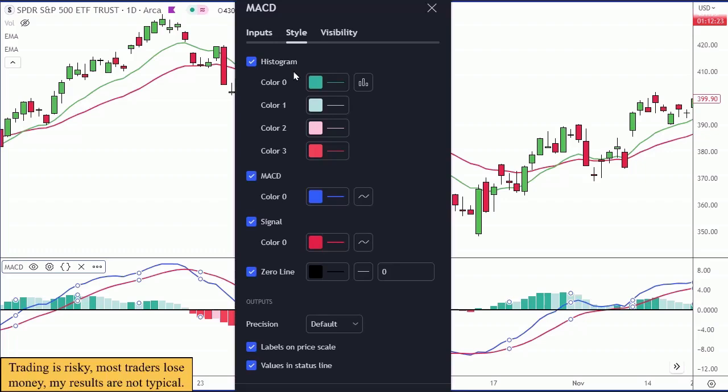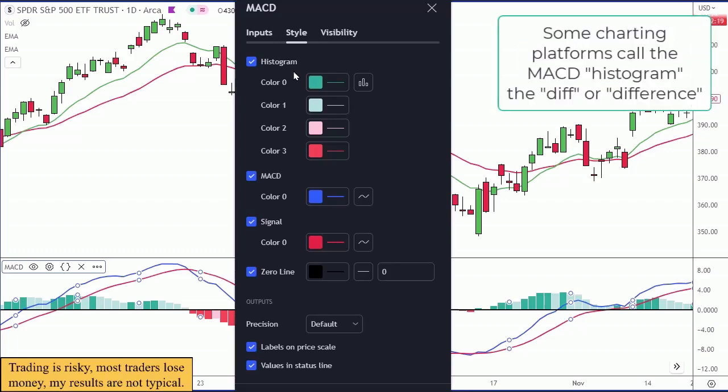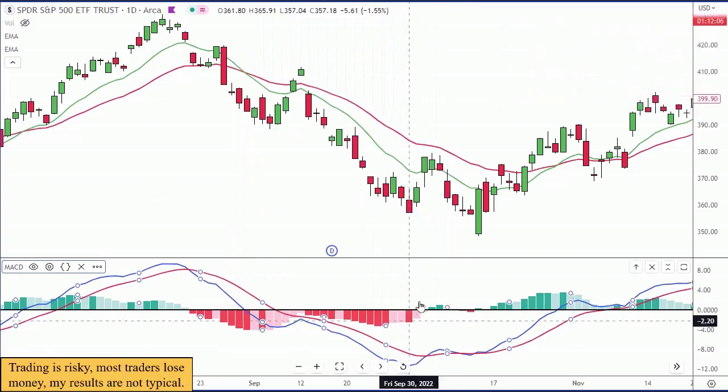And by the way, in some trading platforms, it will be called diff, D-I-F-F, or difference, which in my mind is a better term because histogram is just a way of plotting any indicator. It's just a plot style. But what it's measuring is the difference between these 2 lines. Because just eyeballing it, and I love to have things that are very objective and rule-based, if you just eyeball the difference, it can be kind of tough to tell.